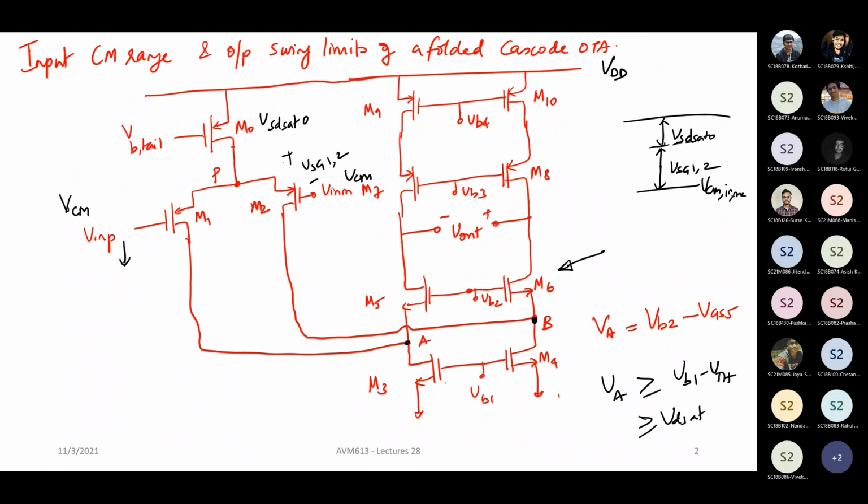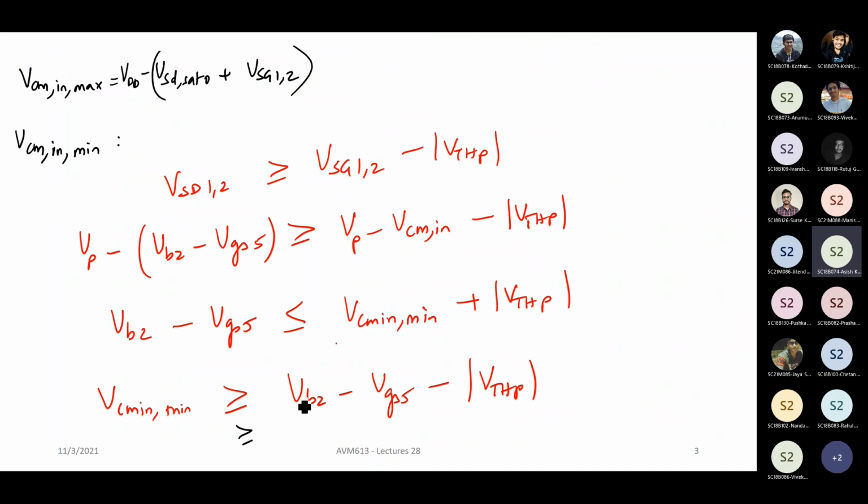You will choose VB2 such that all the transistors are in saturation, especially M3 and M4. So VB2 will ensure that M3 and M4 are already in saturation. Understood. That is not going to change. So it all depends on this VB2.